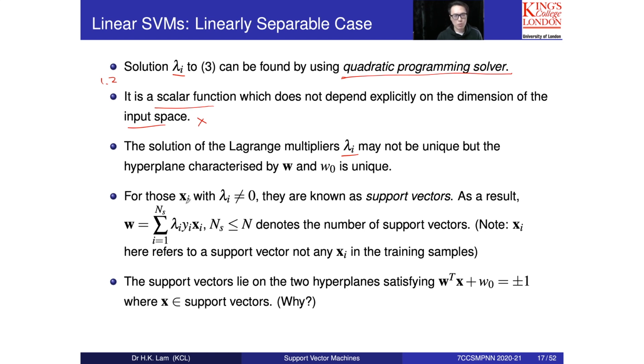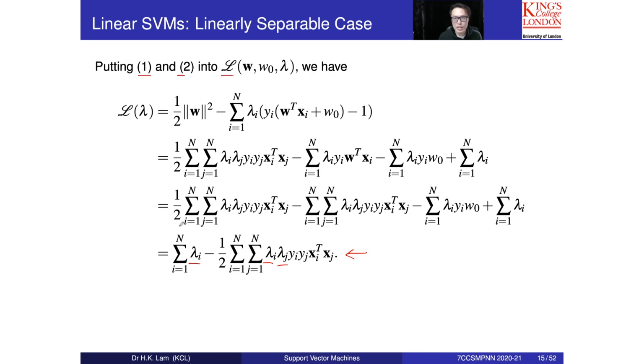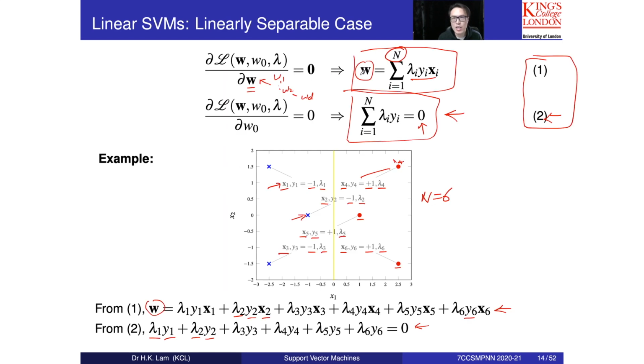We will also find out that for those samples xi that are support vectors, lambda I will not be 0. In that case, W will only be contributed by those support vectors. So W in equation 1 can be reduced to only consider those lambda that are non-zero.